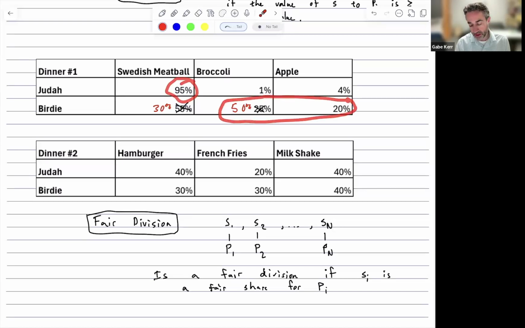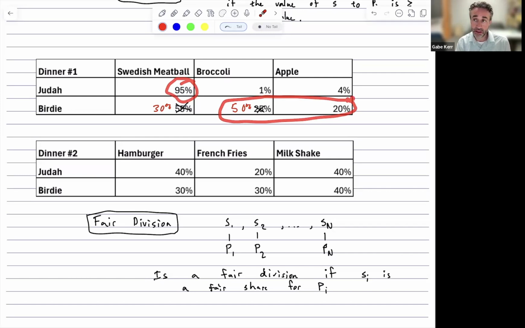And the point is that, well, neither of these are fair. In other words, if I had switched the roles here and I'd given Birdie the Swedish meatball and Judah the broccoli and apple, neither of those would be fair shares for the other.